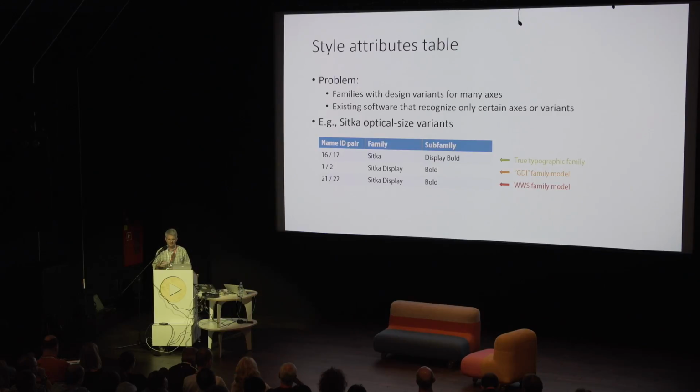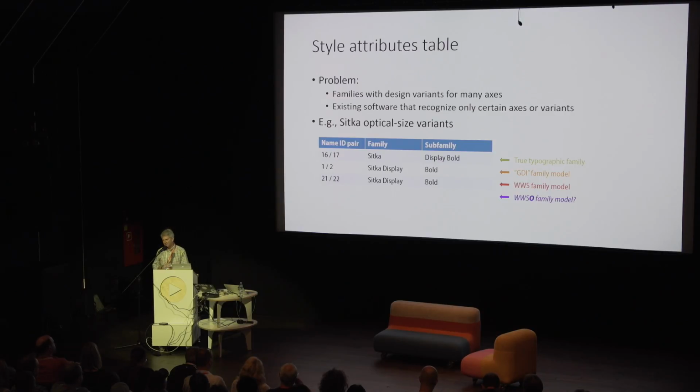And I'm sure you really love this proliferation of name ID pairs. So if we were going to add optical size into a platform model of a family, are we going to create another name ID pair? We said, I don't want to do that. If we're going to do this, we have to come up with a more generalized solution to the problem.